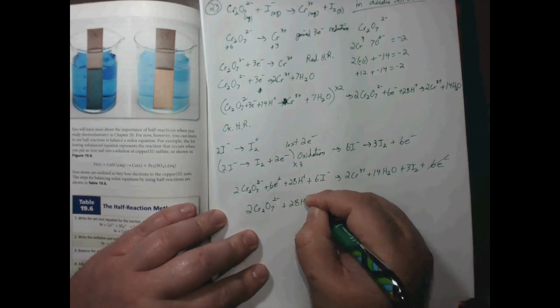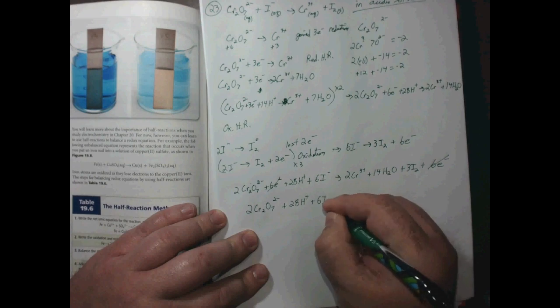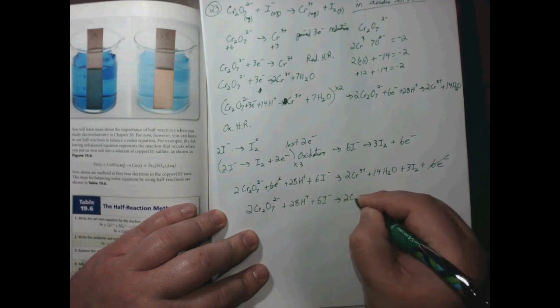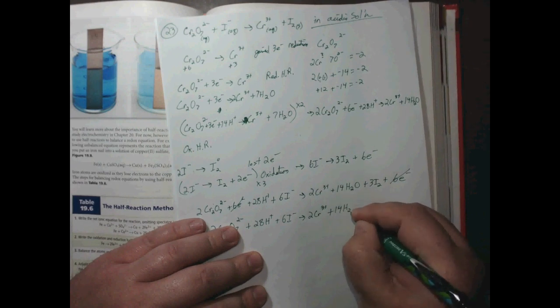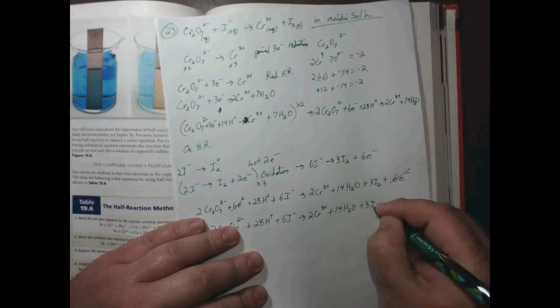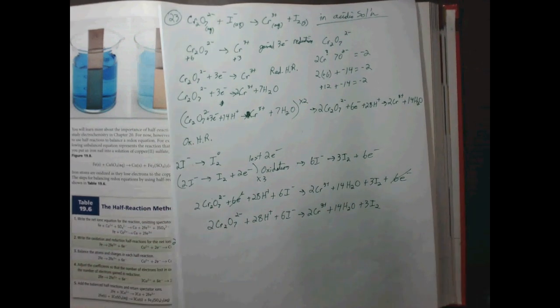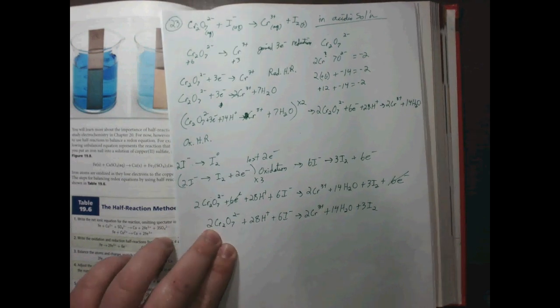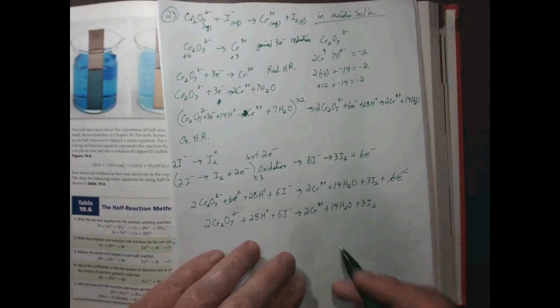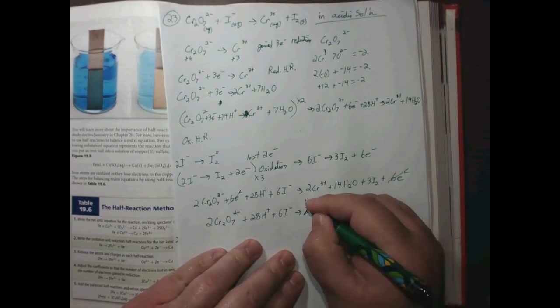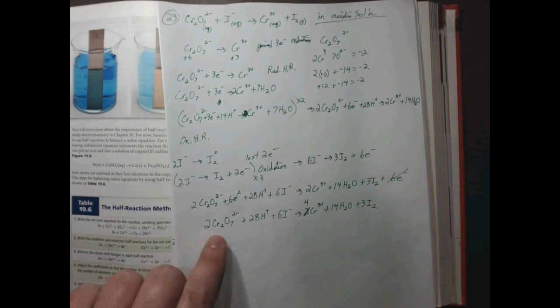2 Cr2O7 2 minus plus 28 hydrogen ions plus 6 iodine ions yields 2 chromium 3 plus ions plus 14 waters plus 3 iodine molecules. Is that balanced? 4 chromiums, 2 chromiums.